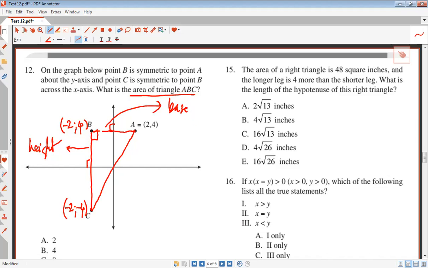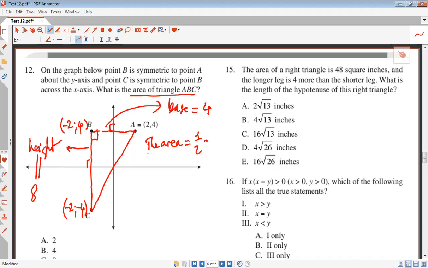Hence, the area equals one half times the base, which equals 4, the difference between the two x coordinates -2 and 2, and the height equals 8, the difference between the y coordinates 4 and -4.